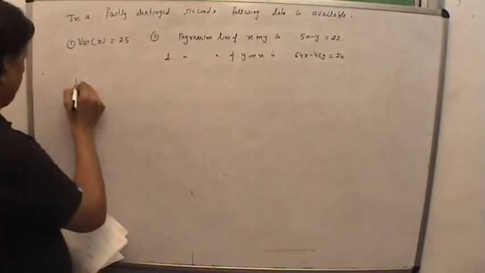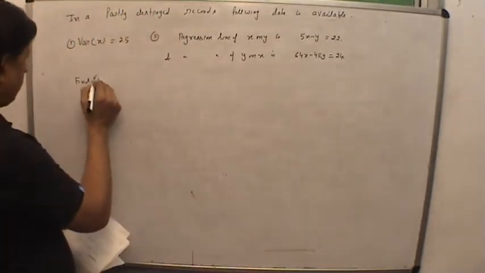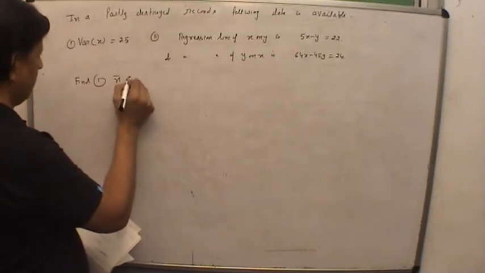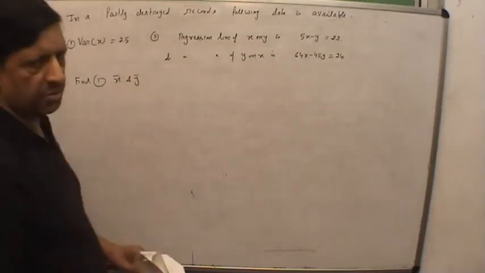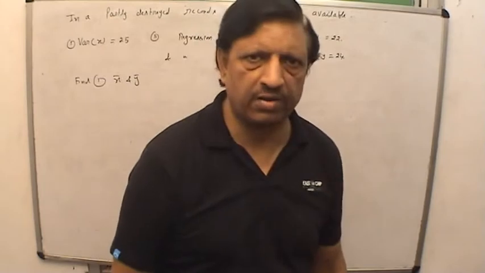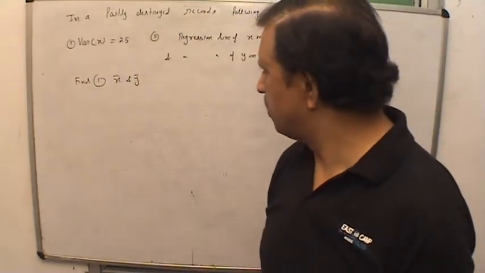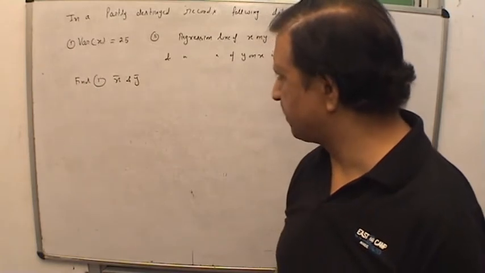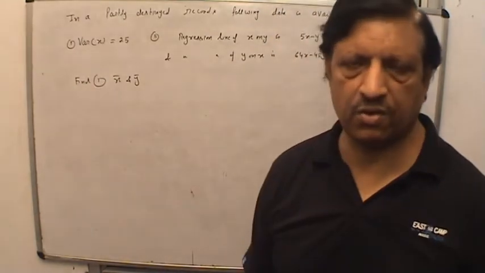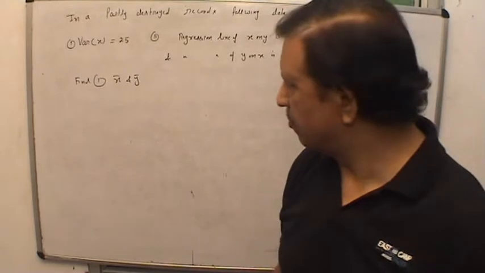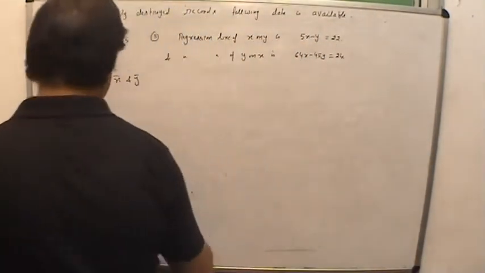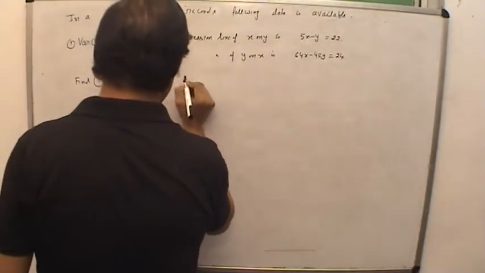Then what's the requirement? Find number 1, x bar and y bar. It means find the point of intersection of the regression lines. We know the two regression lines intersect at the average values of x and y. Number 2, coefficient of correlation.